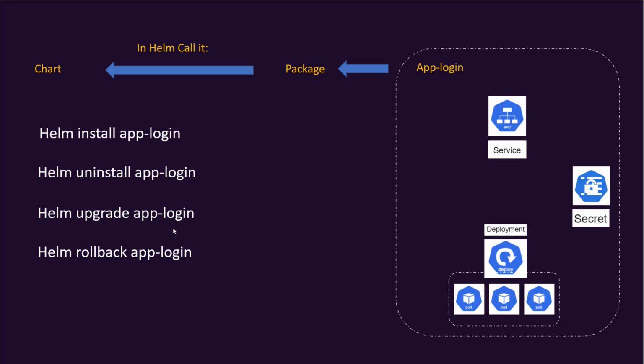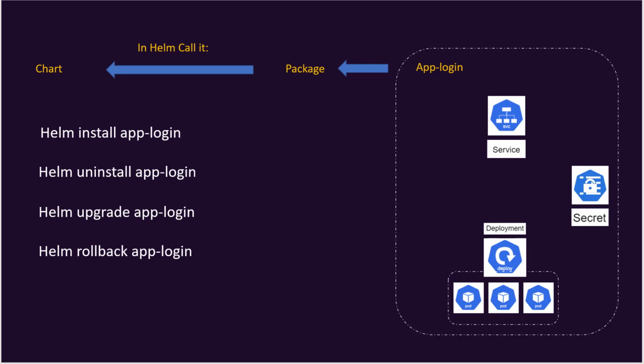Also, if any bugs or problems are found in the new release, it's easy to roll back to the last version. Until now, we learned why Helm is called the Kubernetes package manager. So let's go into the next chapter for more details.